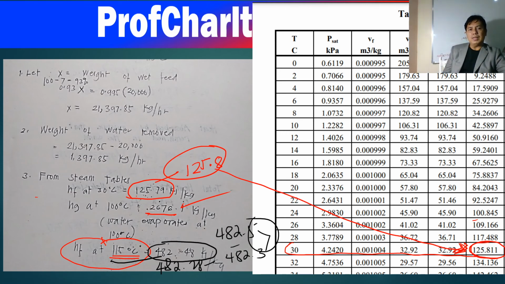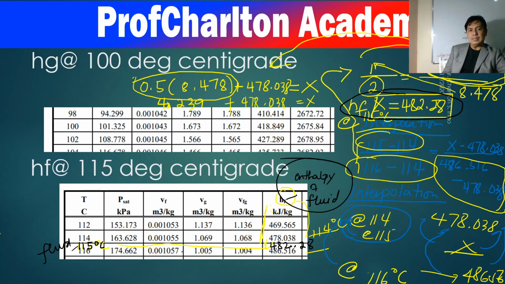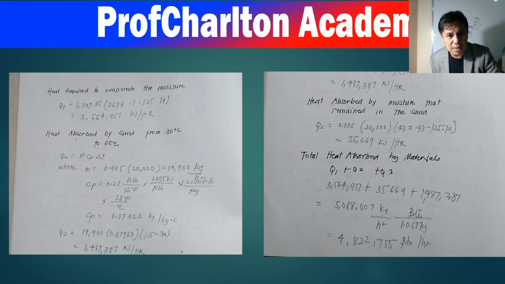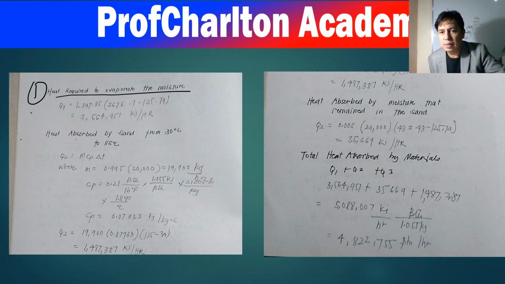So what I'm after is the calculation. The question is, what is the total heat now being supplied to the dryer? I told you there are three heats involved. One is the heat required to evaporate the moisture.